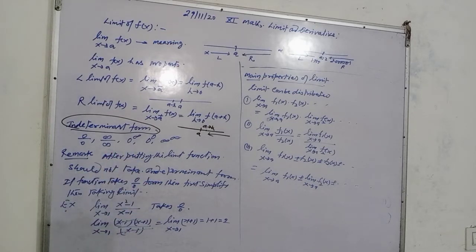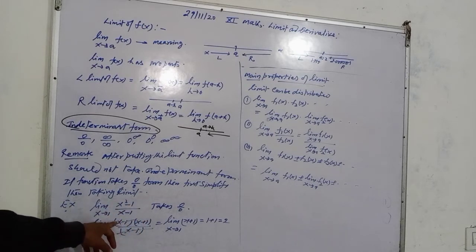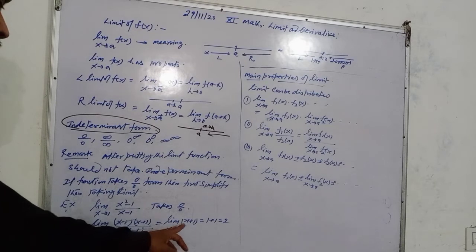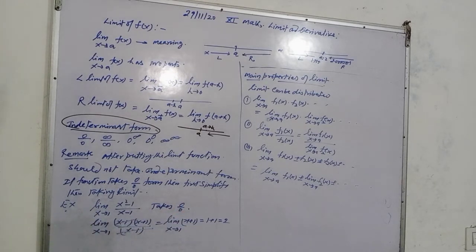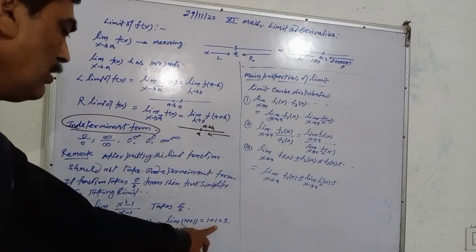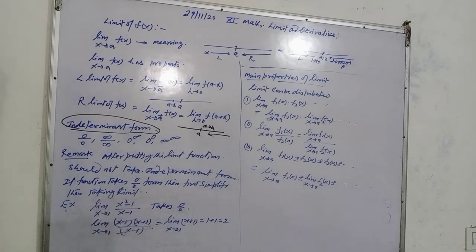In such a case, first simplify the function: x square minus 1 factors as (x minus 1)(x plus 1) upon (x minus 1). The common factor cancels, leaving x plus 1. Putting x equal to 1, you get 1 plus 1, which is 2. So the limit of this whole thing when x tends to 1 is 2.